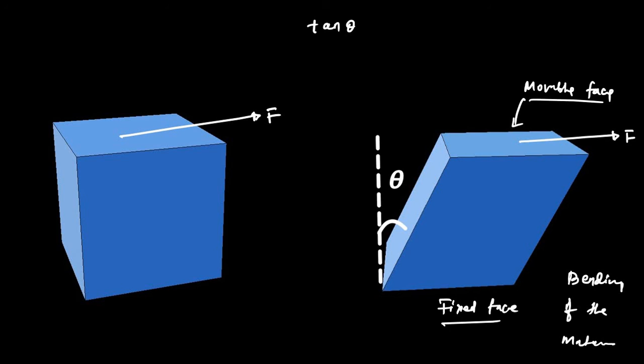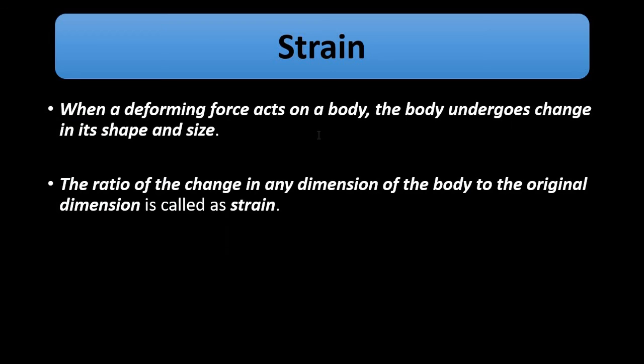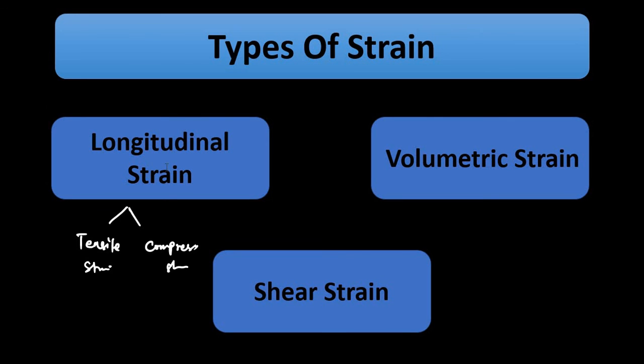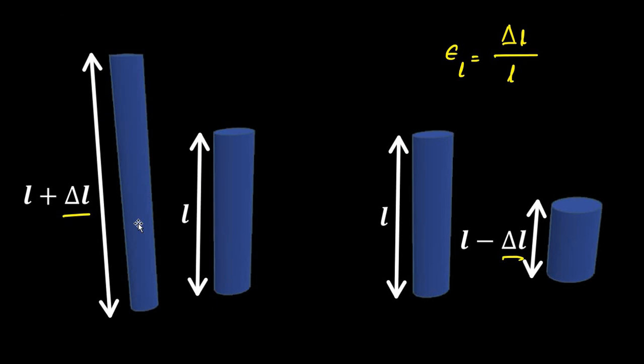So here we have discussed the effect of stress on materials. The different effects of stress, which is strain, are categorized as longitudinal strain, volumetric strain and shear strain. Longitudinal strain causes increase or decrease in length.